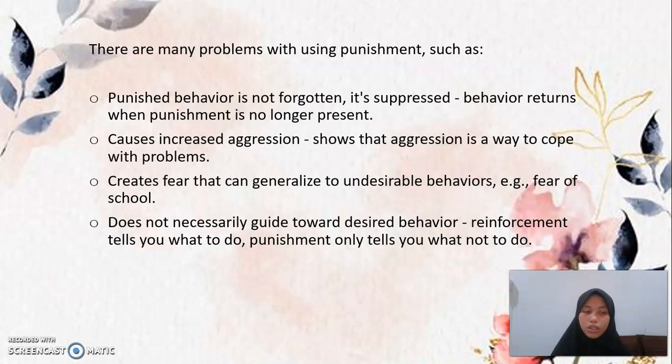We can see a lot of people when they get punishment become more aggressive. Next, it creates fear that can generalize to undesirable behavior. Punishment does not necessarily guide toward desired behavior.